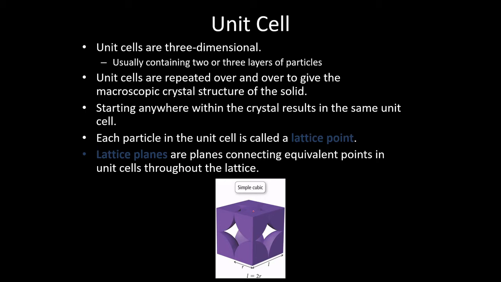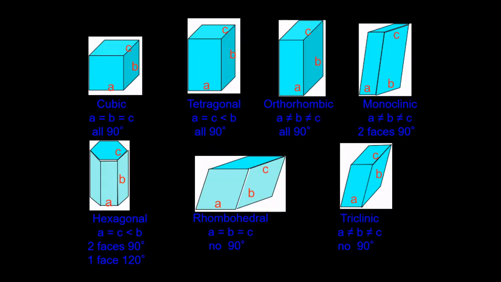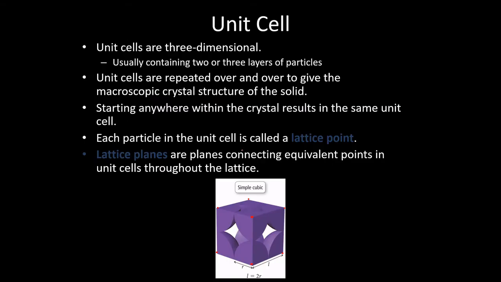But as you can see here in this very simple example of a unit cell, this is the simplest unit cell possible. We have lattice points at each of the corners of a normal six-sided box. And so each of those little corners is an eighth, I believe, of an atom, which we'll get to in just a second. But each of these points is a lattice point.